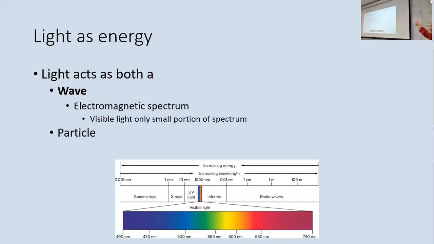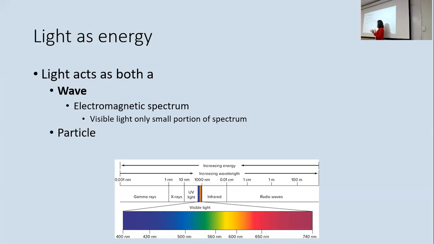So when we talk about waves, we're talking about the electromagnetic spectrum, which is a very, very broad spectrum, with everything from radio waves that are tens of meters long, which are huge, to things like gamma rays, radioactive rays that are tiny. But for our purposes, again, we're only looking at the wavelengths that we can see.